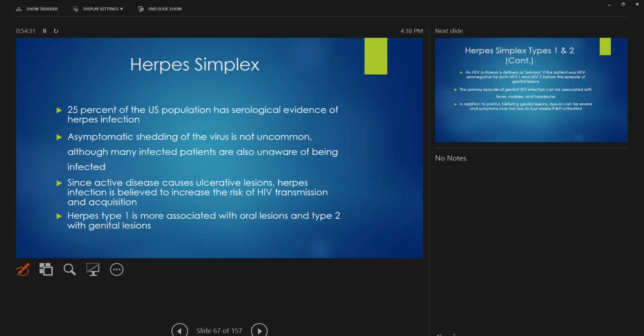Although many infected patients are unaware that they're infected, active disease causes ulcerative lesions. Herpes infection is believed to have increased risk of HIV transmission and acquisition, meaning that if you have these vesicular lesions around your genitals and you go and have sex, you're more likely to contract HIV because you have a very easy vector.